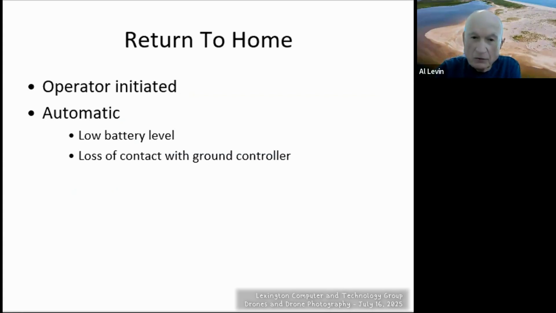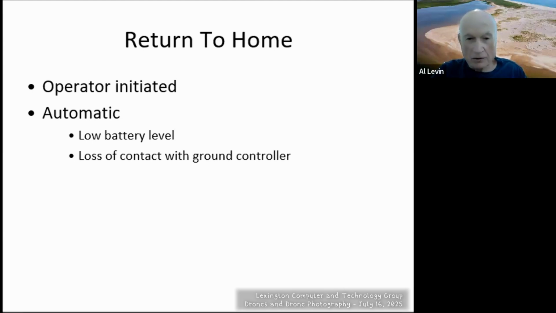Well, the return to home can be initiated either by you, the operator, or it can occur automatically. It occurs automatically if the battery level drops to a low level, or if there's a loss of contact. So this is a very important safety feature.